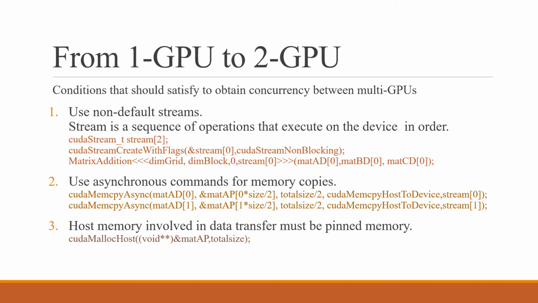If I implement these three conditions in my 2 GPU program, I can achieve parallelism and concurrency between communication and communication and computation and computation, and that is very helpful in achieving optimized results in using 2 GPU or multi-GPU programs.